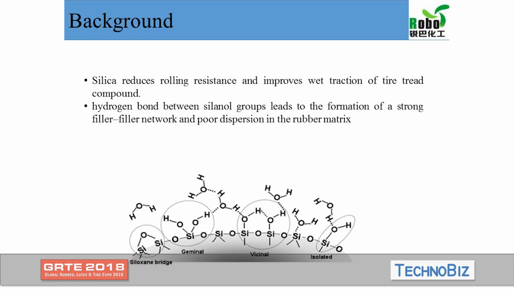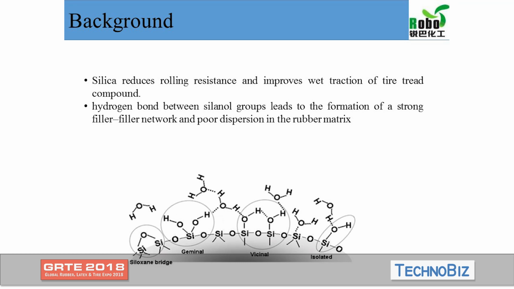And silica has high surface energy due to the silanol groups on the surface, and tends to develop agglomeration, form hydrogen bonding and a strong filler network, and result in poor dispersion of silica in the rubber matrix.